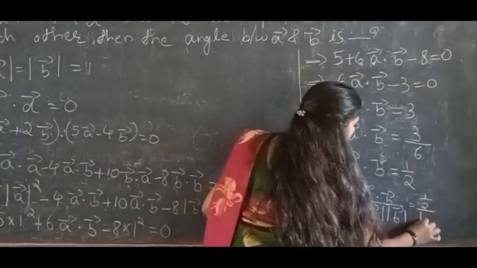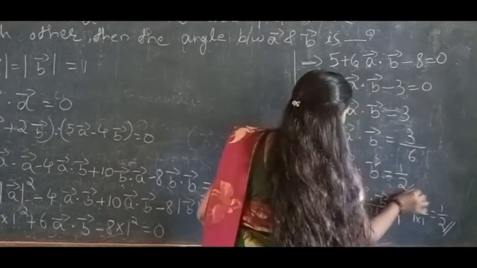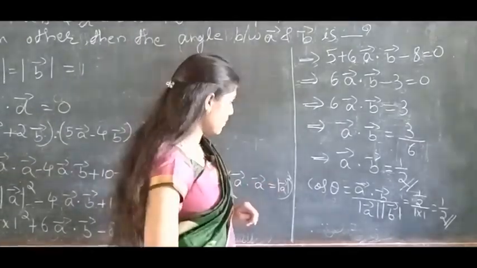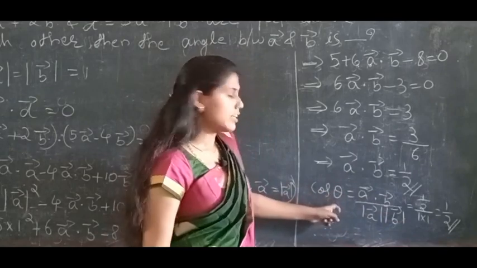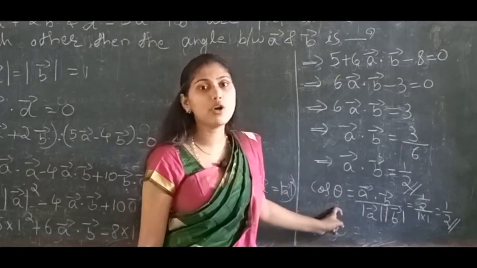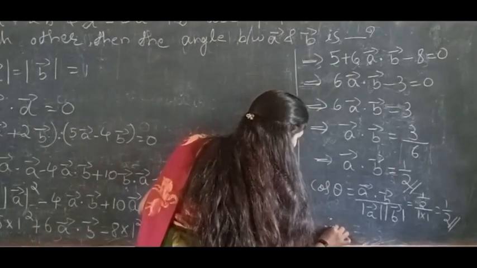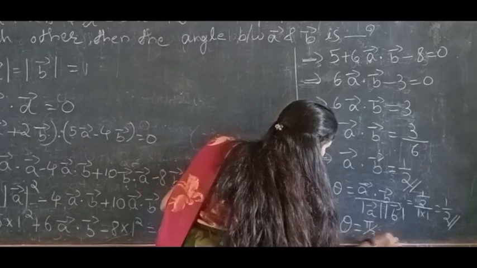That is 1 by 2. Now we have to find the angle theta. The cos is equal to 1 by 2 when the angle theta is equal to pi by 3. Therefore, angle theta is equal to pi by 3.